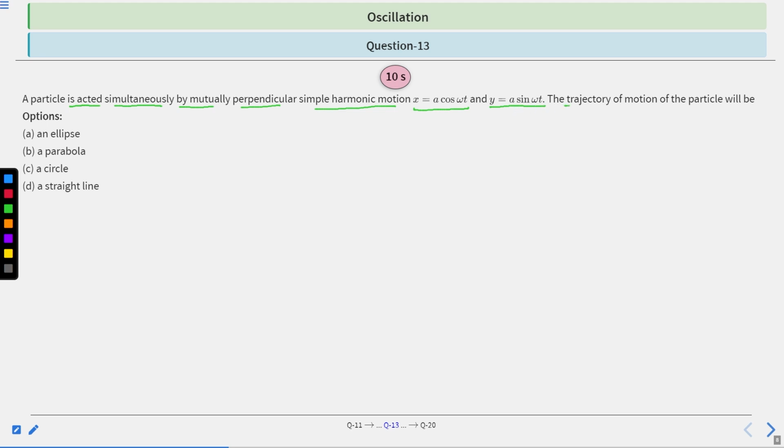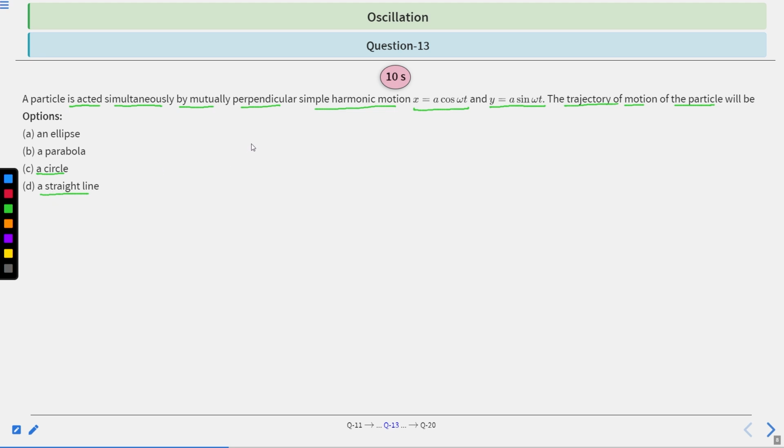What will be the trajectory of the motion of the particle? The options are: option A, an ellipse; option B, a parabola; option C, a circle; and option D, a straight line. Which one is correct?